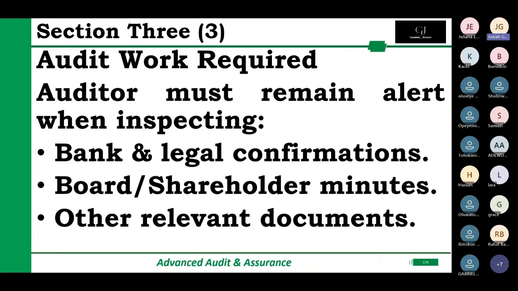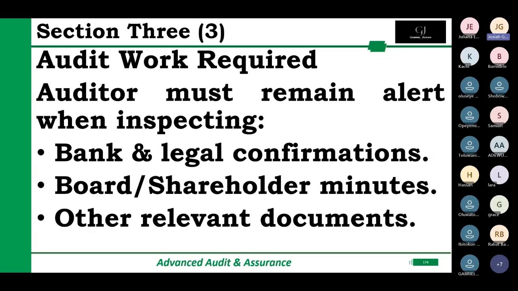You must also be alert to board and shareholding minutes where they have these conversations, because most of these transactions are approved and deliberated on during board or committee meetings. And he must be very alert to other relevant documents, contracts, and other correspondence that point to related party transactions.